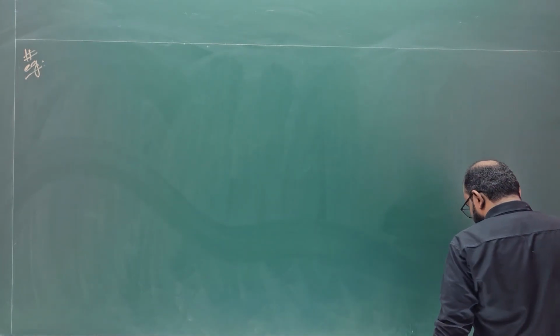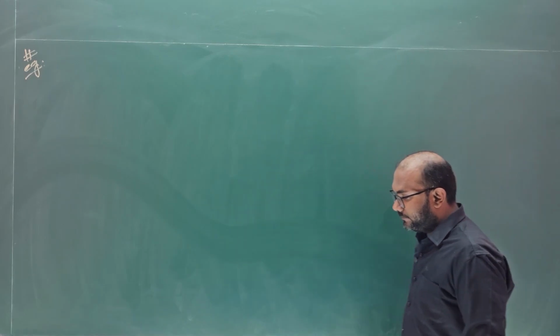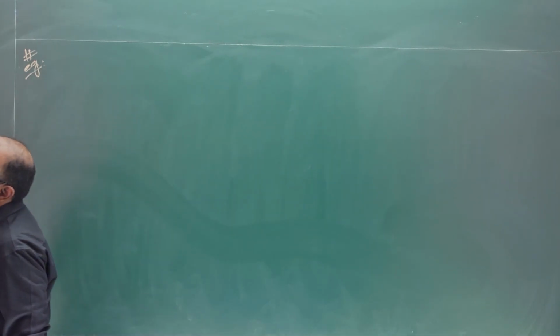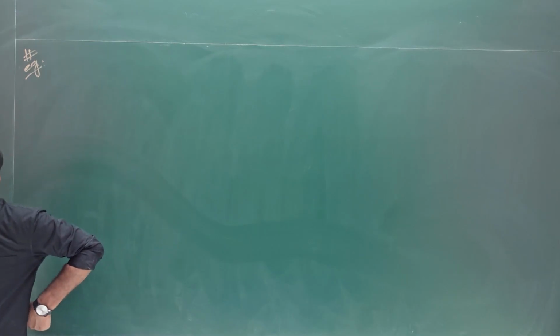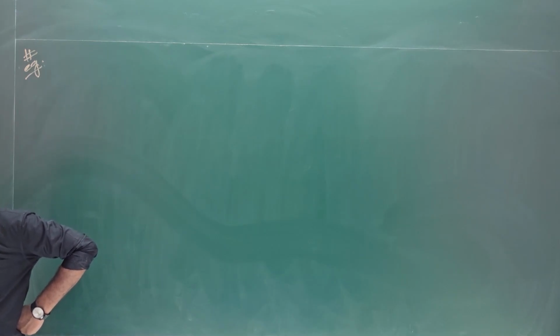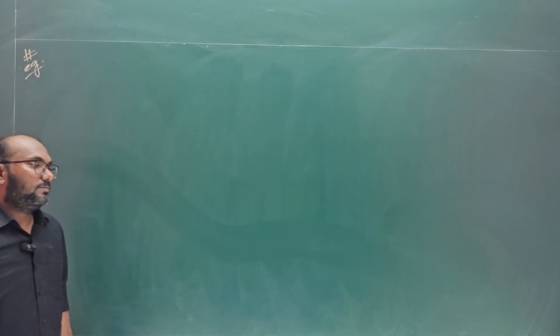Write down a question. A girl is standing nearby a window, which is h above the ground.